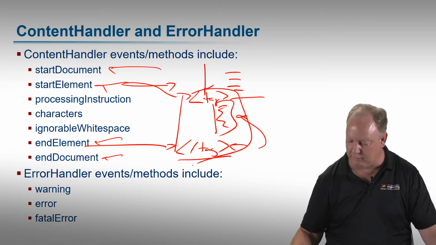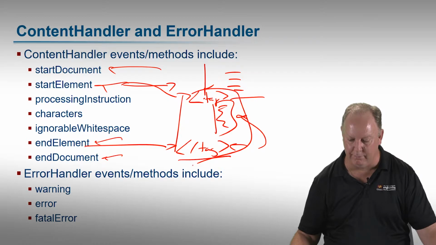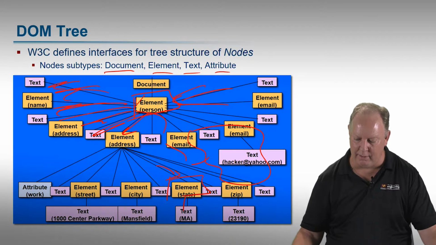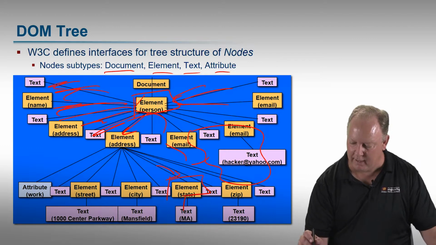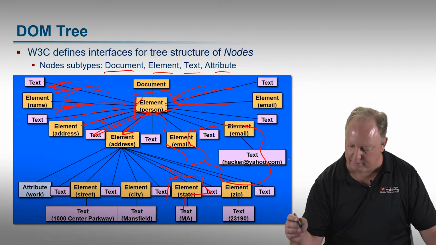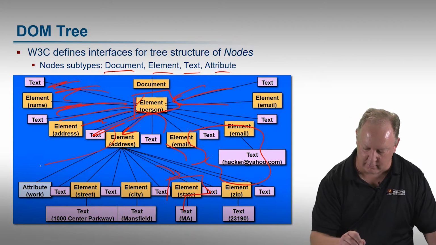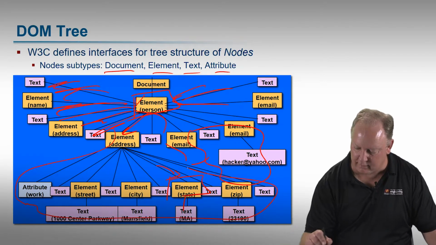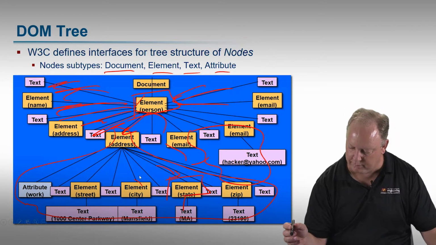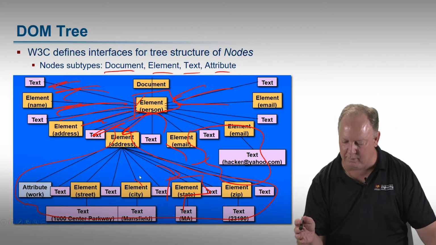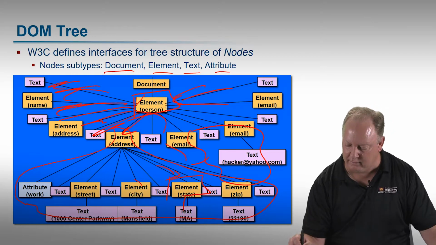I don't have to hang on to it myself back here in a DOM. This is the person example. I don't have to hang on to, let's say, the address when I'm going through the address from beginning to end, because the entire subtree is already here in the DOM. Let's talk about a use case. Maybe I'm trying to implement a zip code verifier.